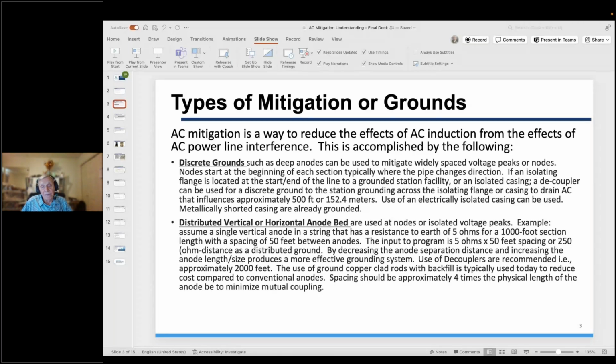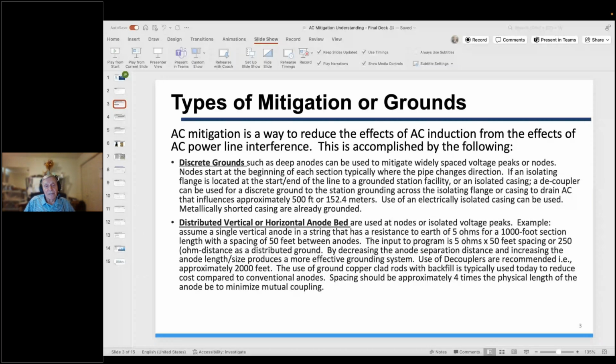Where do we get this from? Usually the spacing is set upon the physical length of the anode itself, to minimize mutual coupling. So as long as you have greater than that length, 4 times that length, you could have a more effective system by using these anodes.